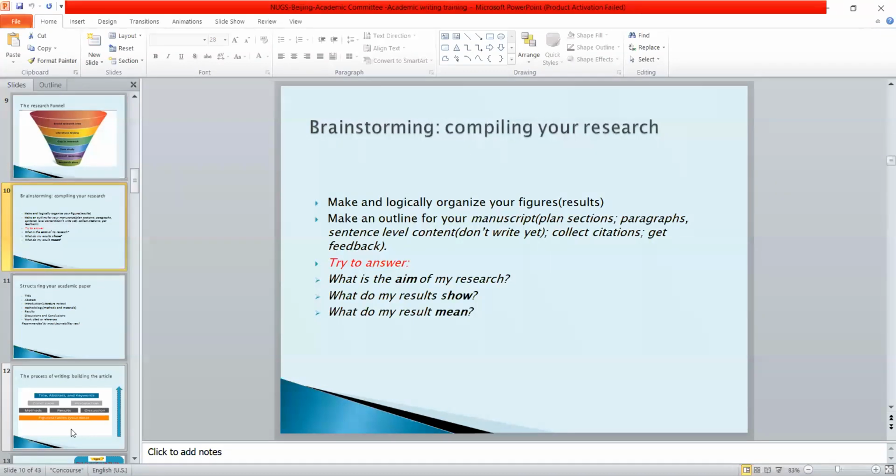Now, another issue that has to do with coming out with ideas is brainstorming, compiling your research. When you have come out with a topic, and you have decided to set your objectives, your question, your hypothesis, and everything, you must also do what we call brainstorming, compiling your research. Make and logically organize your figures and results. It is very, very important. You make an outline of your manuscript.